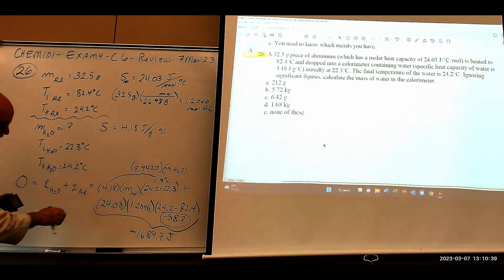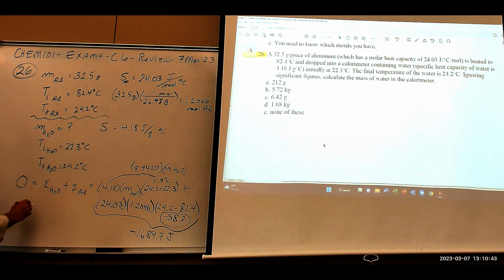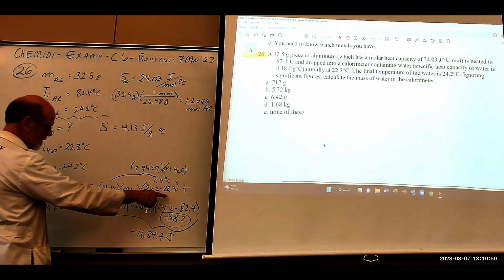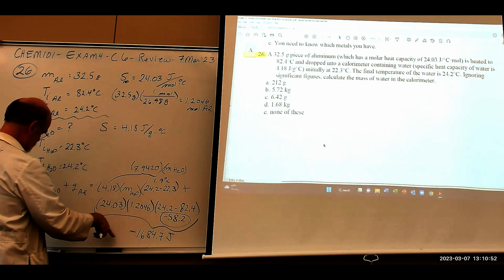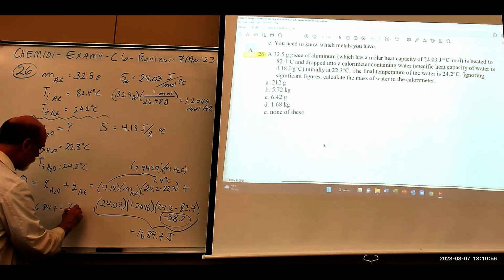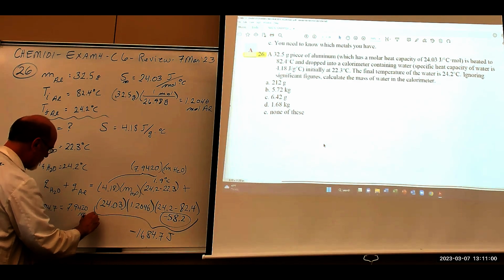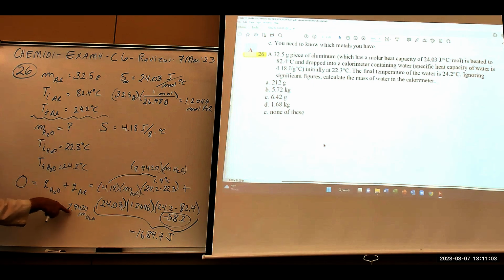Okay, so we got this negative value over here. If we bring it to this side of the equation, it's a positive. 1684.7 equals, right, because that's a plus, this is a minus, 7.9420 times mass of the water. So the mass of the water is just this one divided by that one.